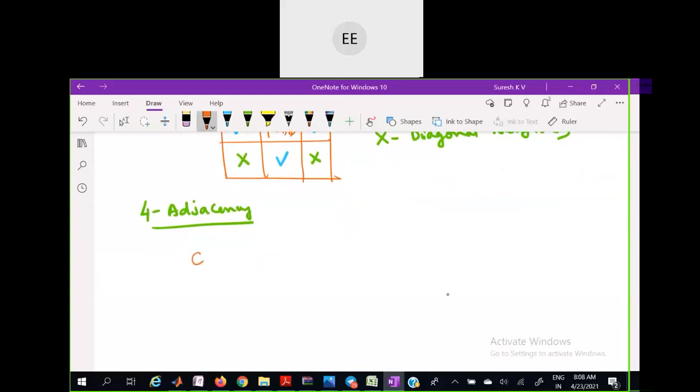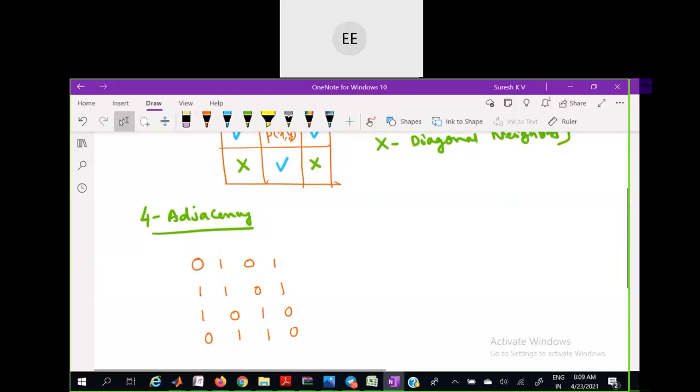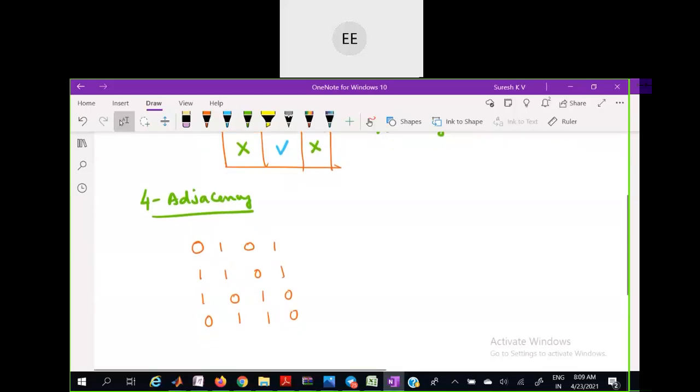So 0, 1, 0, 1, 1, 1, 0, 1, 1, 0, 1, 0. I've taken a binary image just for simplicity, and in the last class we discussed gray shade images. So let us take this as an image. Assume that it is just a 4 cross 4 image.